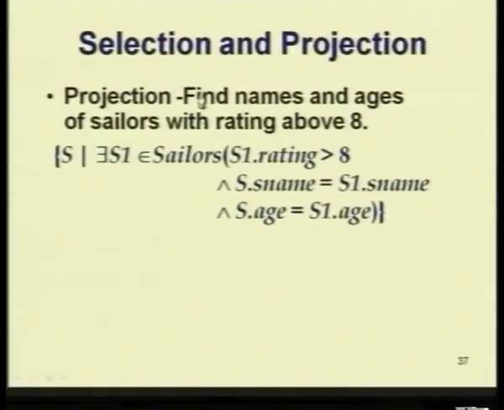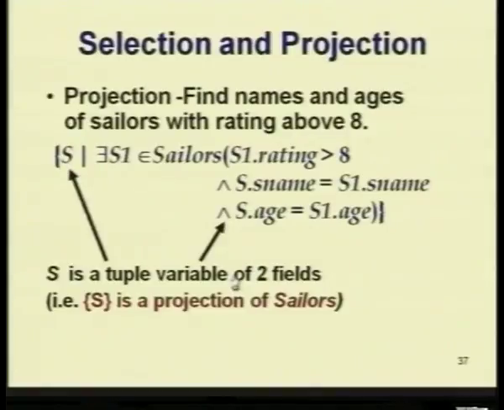So, S dot sname, I want to find the names, is nothing but S1 dot sname where my rating is greater than 8, and S dot age is equal to S1 dot age. So, S1 is sailors. Now, S is not bound, S1 has to be bound. So, S is a tuple variable with two fields, and so this is a projection from sailors. So, this will be a tuple variable having names and ages.